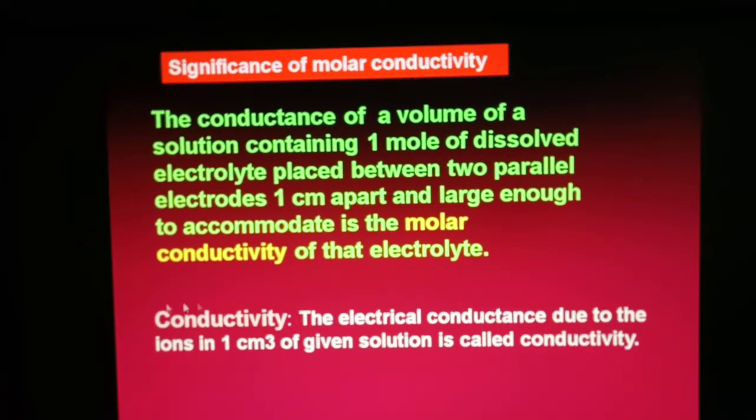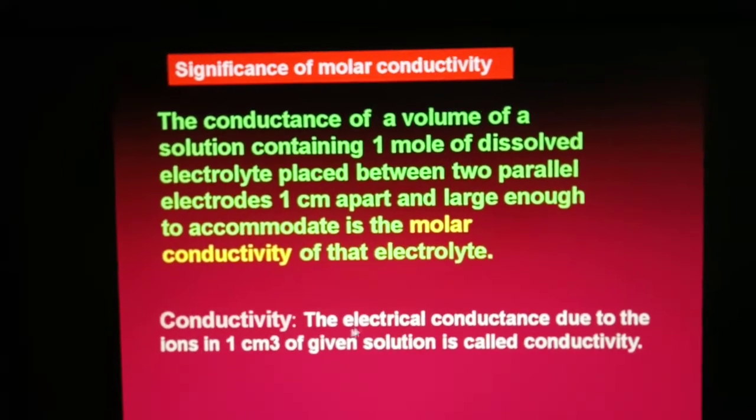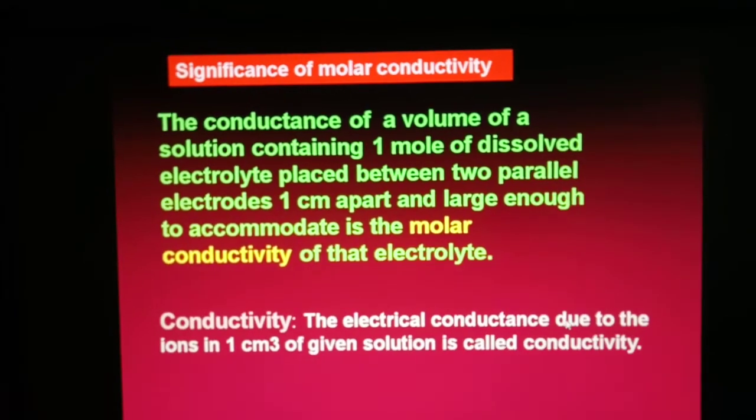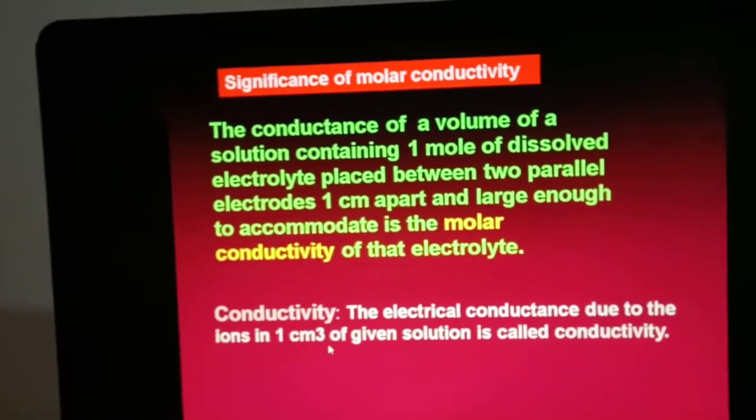We can define conductivity also as electrical conductance due to the ions in 1 centimeter cube of a given solution. Now let us study an important relation between kappa, that is electrical conductivity, and lambda, that is molar conductivity.